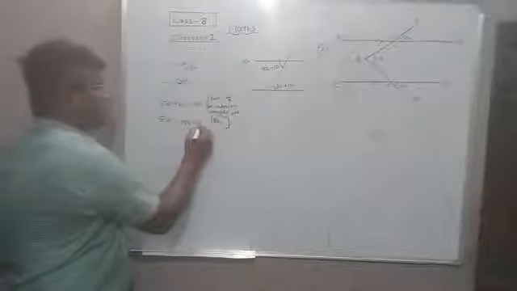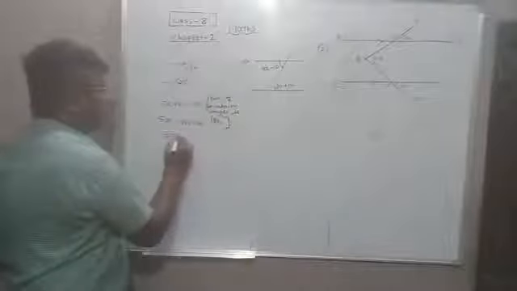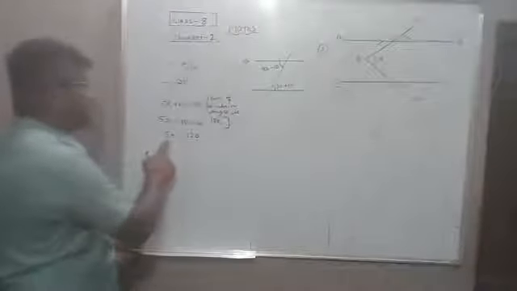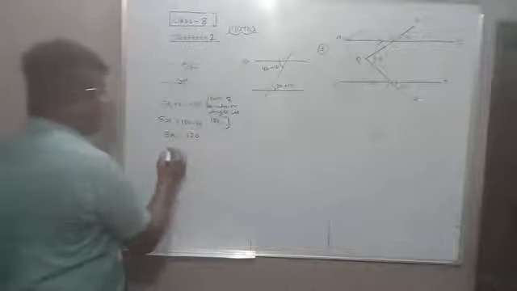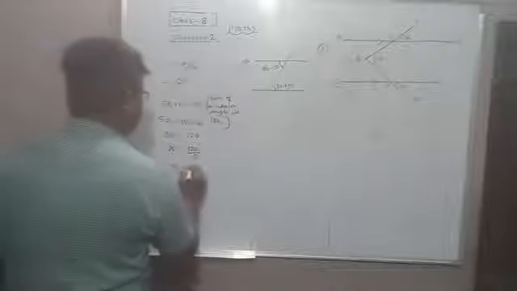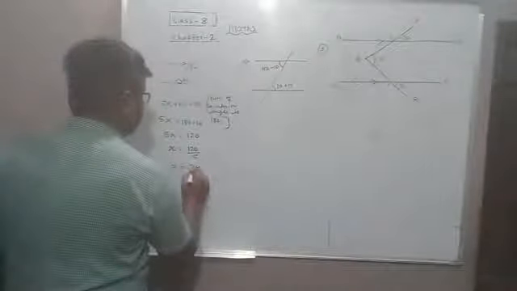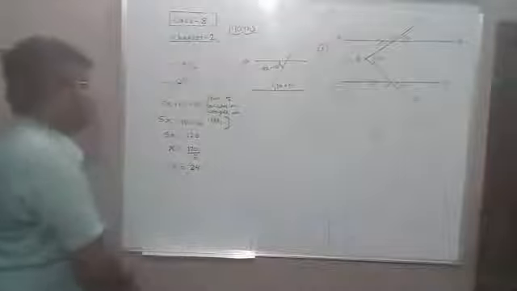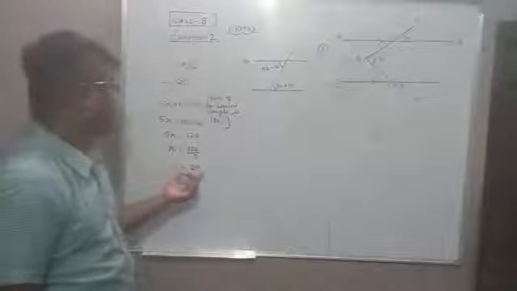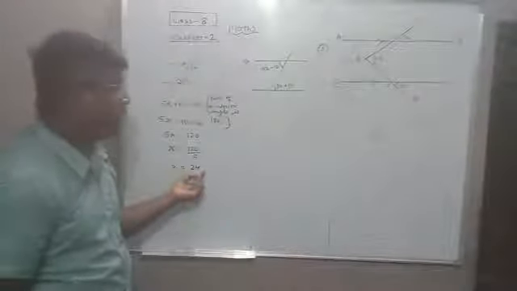So 5x is equal to 180 degrees minus 60 degrees, which is 120 degrees. 5x means 5 into x, so 5 goes to the right hand side and divides. x is equal to 120 divided by 5. You will get the answer as 24.